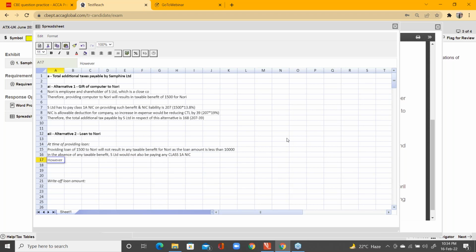However, at time of providing loan to Nuri, what's the status of Nuri? Employee plus shareholder.